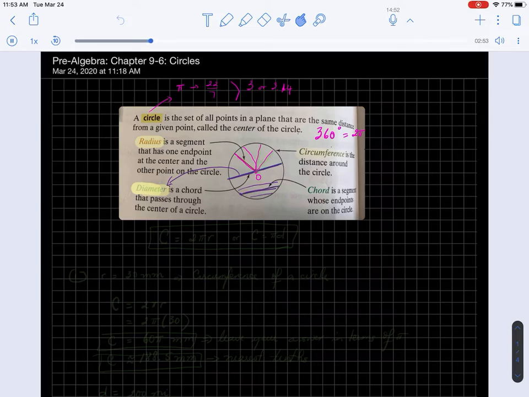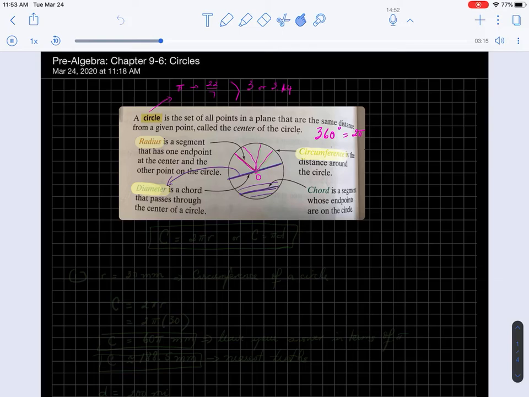When you hear the word circles, you will think of its circumference. Circumference is similar to the word perimeter in polygons, but we use the word circumference when we're talking about a circular shape.